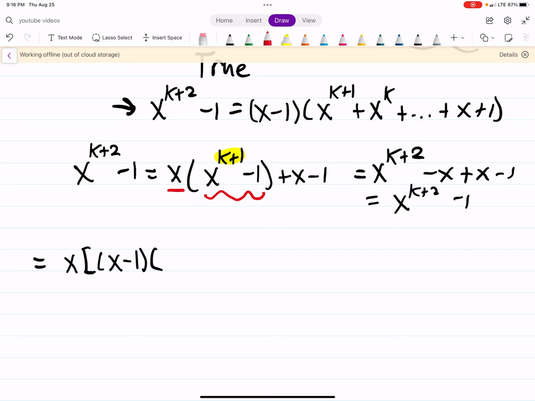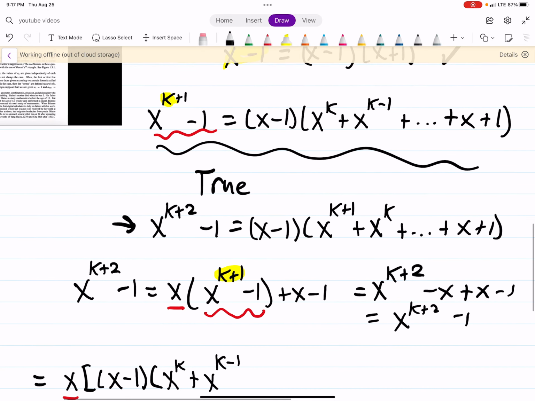So this x is coming from here. You'll have your x minus 1. And then you'll have x to the power k plus 1. I'm sorry, just k plus x to the power k minus 1.